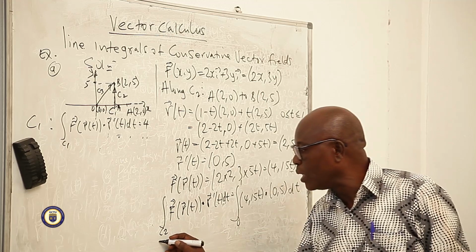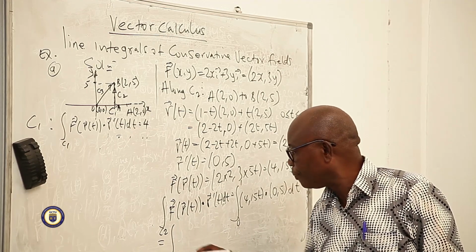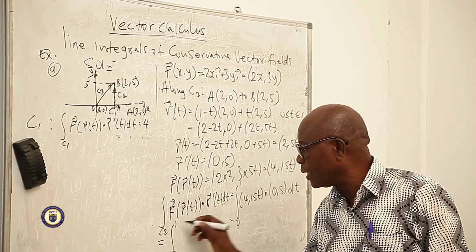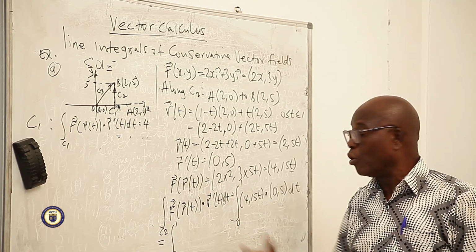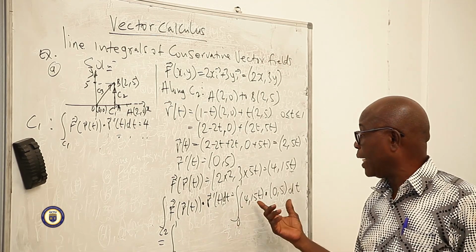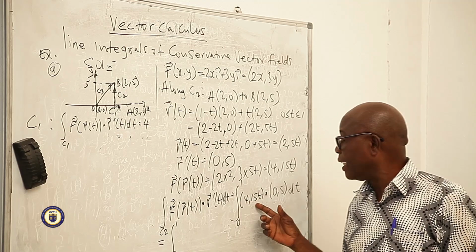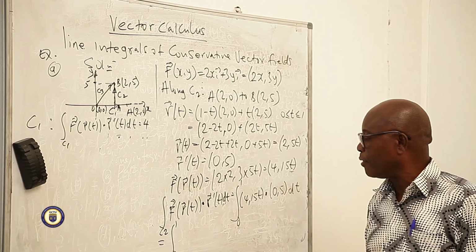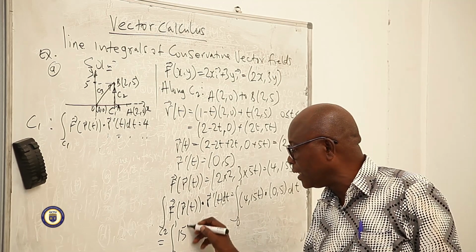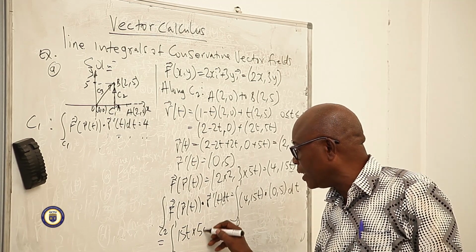When we do the dot product, 4 times 0 will give us 0. We don't write it because it's 0. That's the i component. And then the j component, 15t times 5 dt.